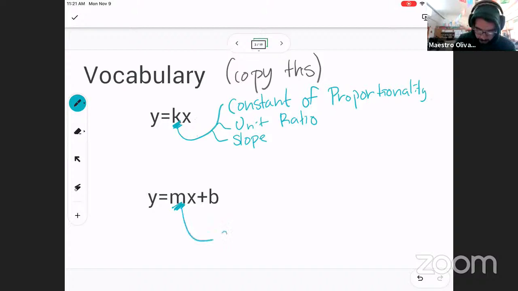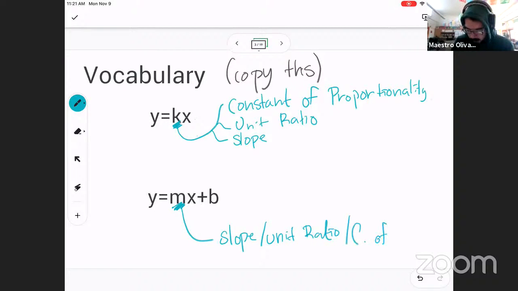In this equation, that's your slope or your unit ratio or constant of proportionality. The number in front of the x is your slope.